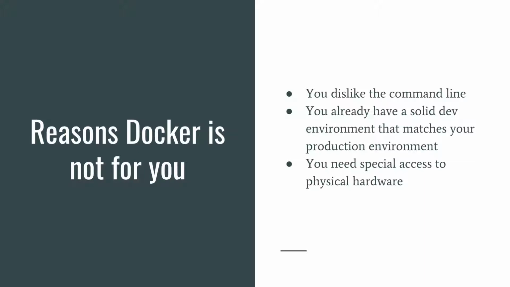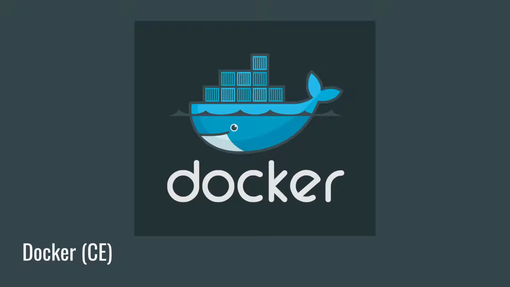So let's jump into a quick tour of some of the tools in the Docker project, and then apply those tools to a project. So Docker Community Edition is what most people are going to end up using. They have an Enterprise Edition. I'm not really familiar with it because it's pretty new, but I think that's part of their plan to actually make money, which is something that we all have to do.